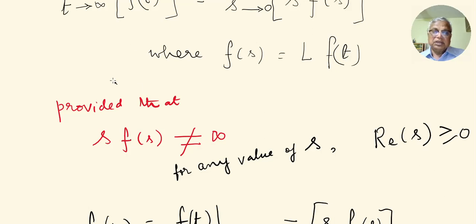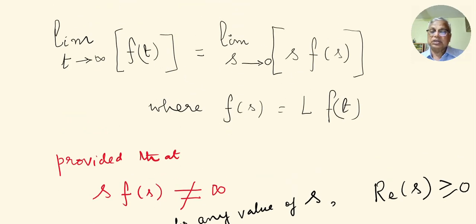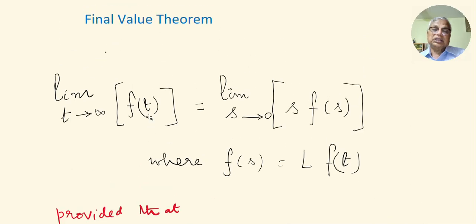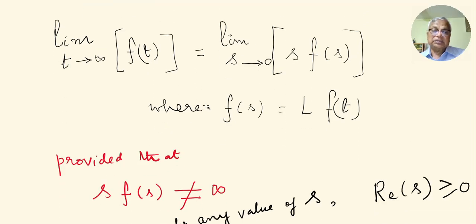I repeat, in order to use this theorem, this is the condition. Only when this condition is satisfied can this theorem be used. If s into F of s is equal to infinity for any value of s greater than or equal to 0, then this theorem cannot be applied.